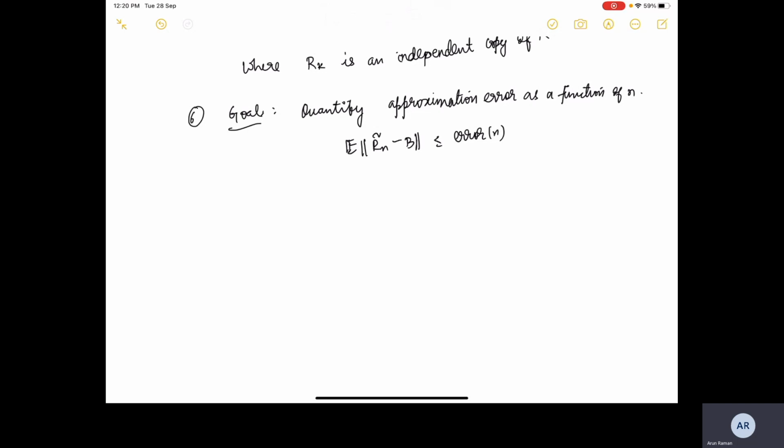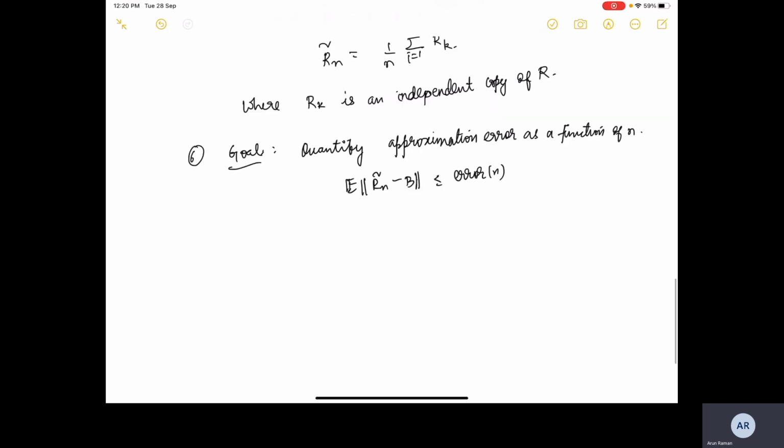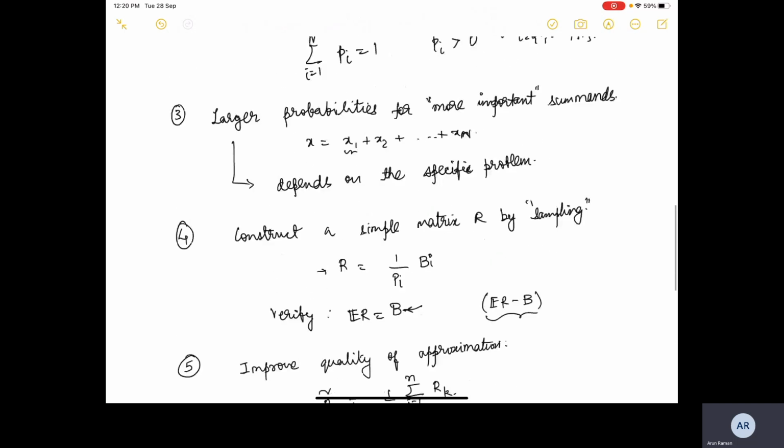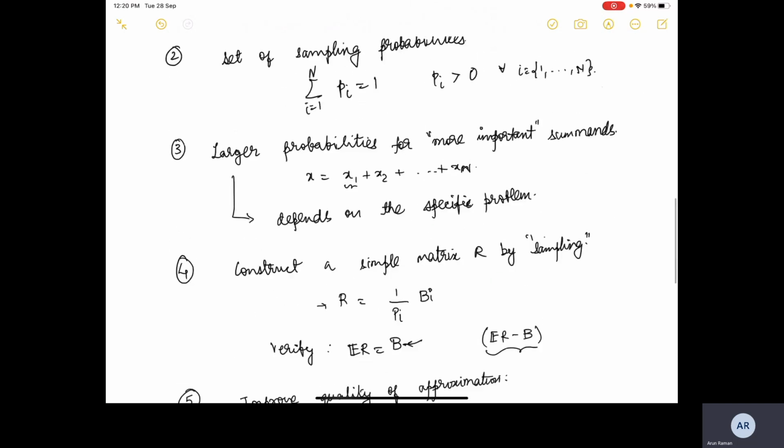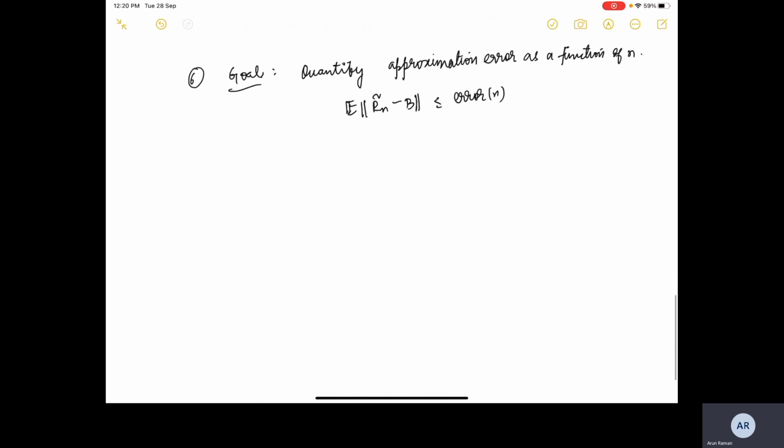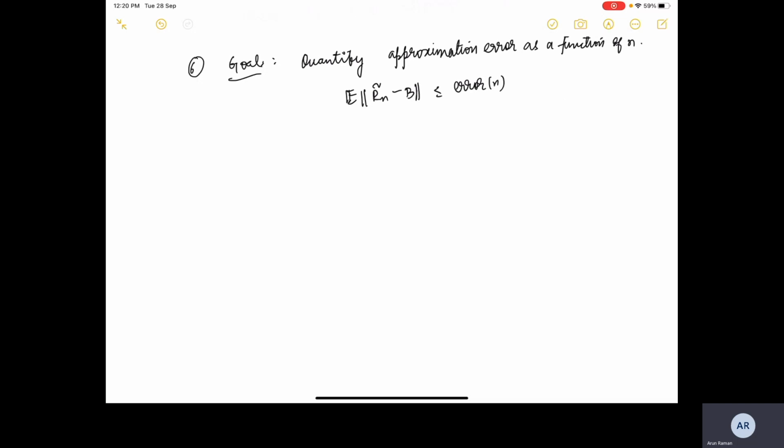First, we will discuss a result which does this for the general problem, in the sense that we have B and R. Then we will look at the application of that result to the example of matrix multiplication. In the book, the result is stated as a corollary of the Bernstein inequality, so I will also state it in the same way.